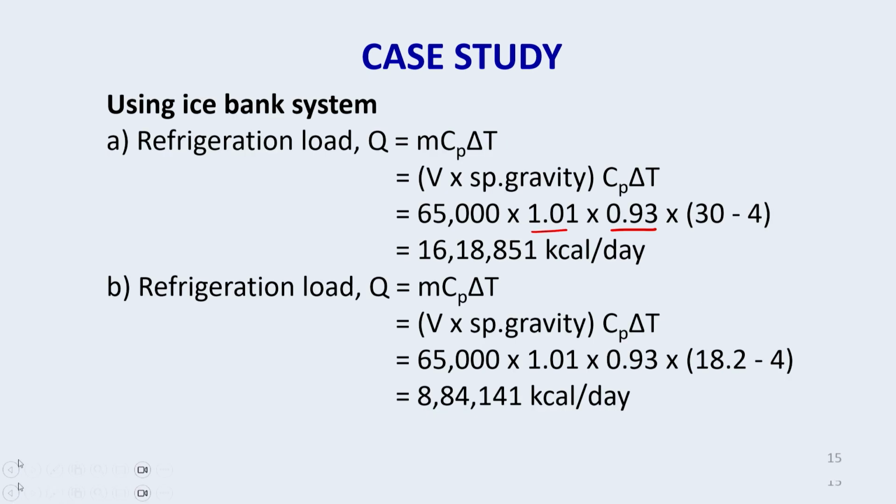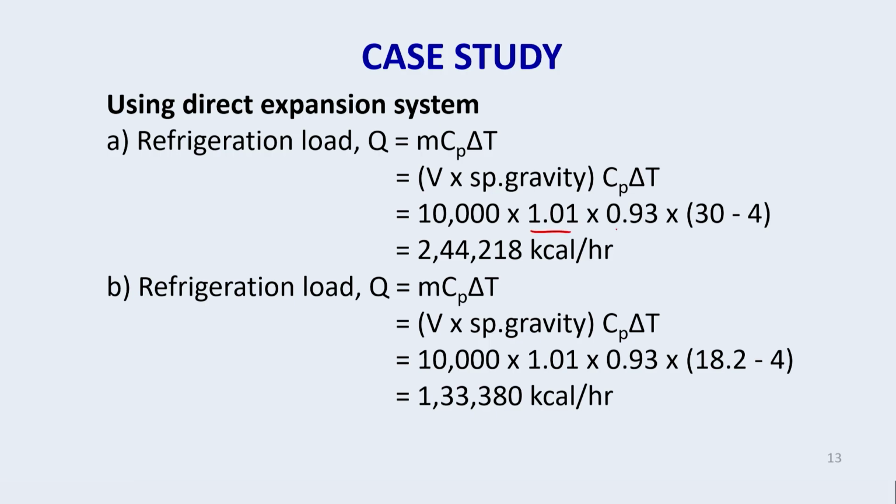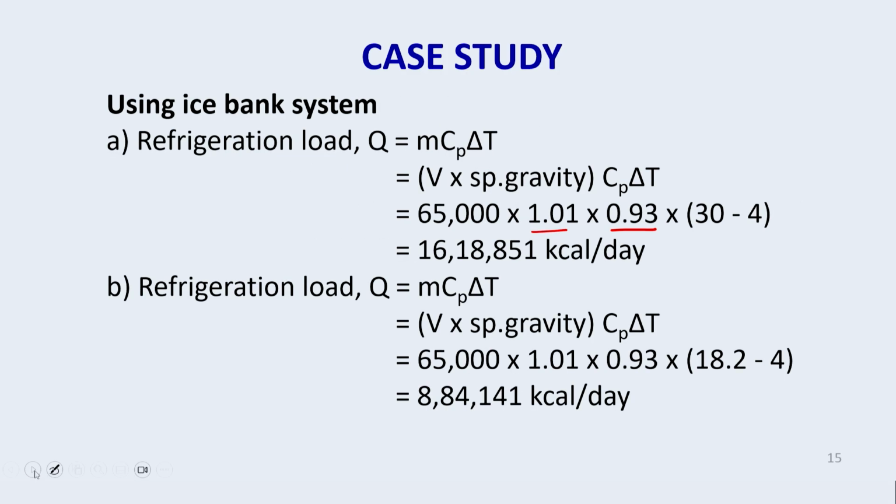Now let us see if you are using an ice bank system. The specific gravity and the Cp value remain the same. So we'll calculate the same thing for an ice bank system. This is per day.